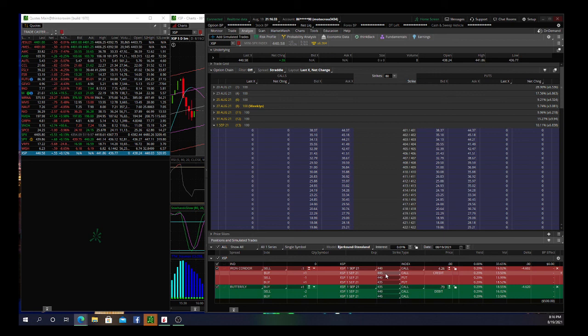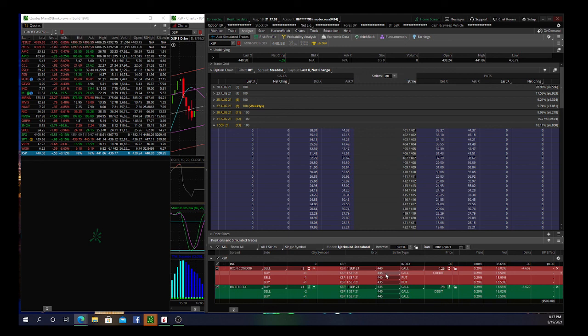The max loss doesn't come unless it's above 445 or below 435 on September 1st. And the maximum loss is $5 because the sold ones will be in the money $5. We cap those sold ones off by buying a call and a put $5 away from the body. That's our win. So that's where we cap this thing off with a $5 max on the trade, the difference between the strikes.